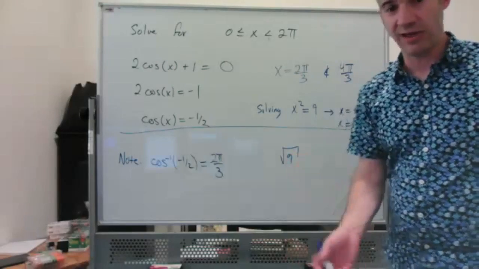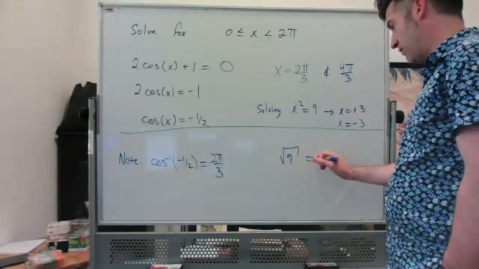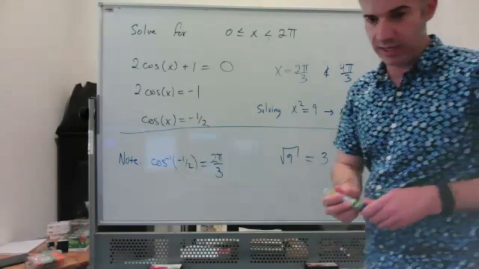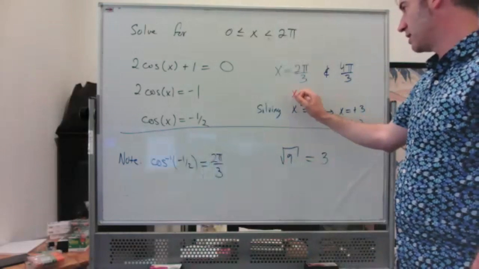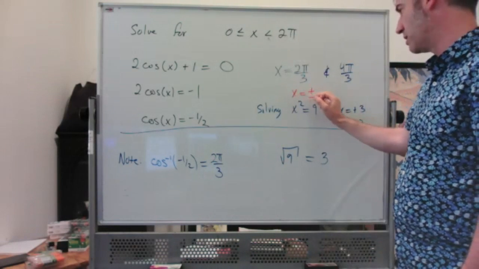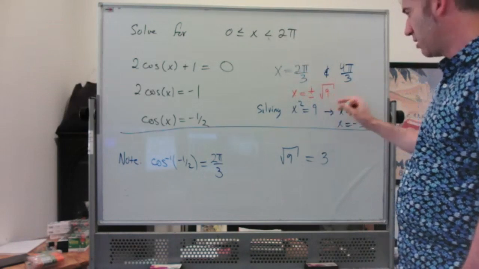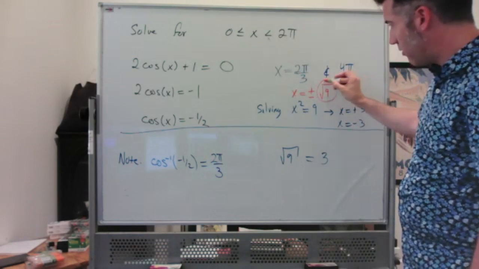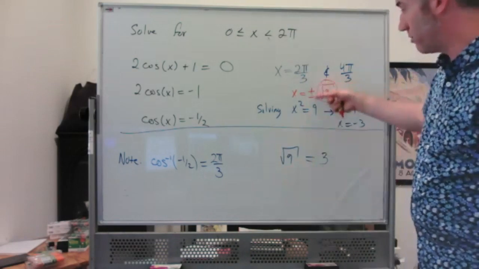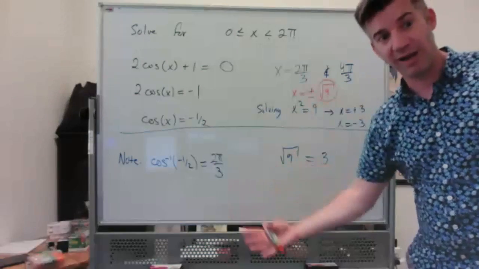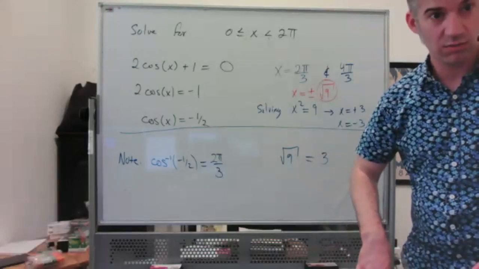The only answer there is +3. And I'll just remind you guys that when you solve this, you get x equal to plus or minus the square root of 9. But the square root of 9 itself is +3. And we put the plus or minus on there so that we get both the positive and the negative solution.